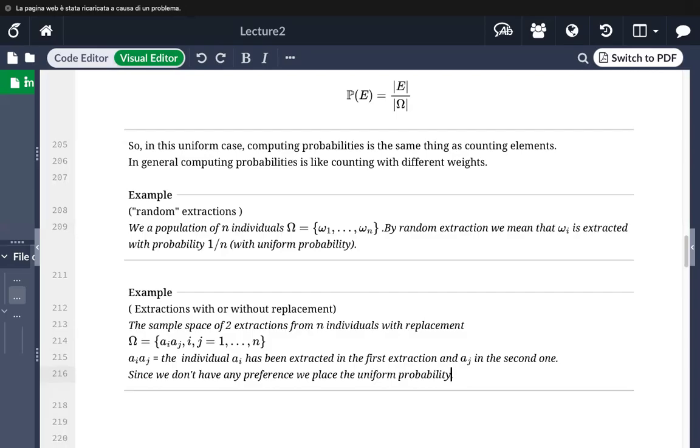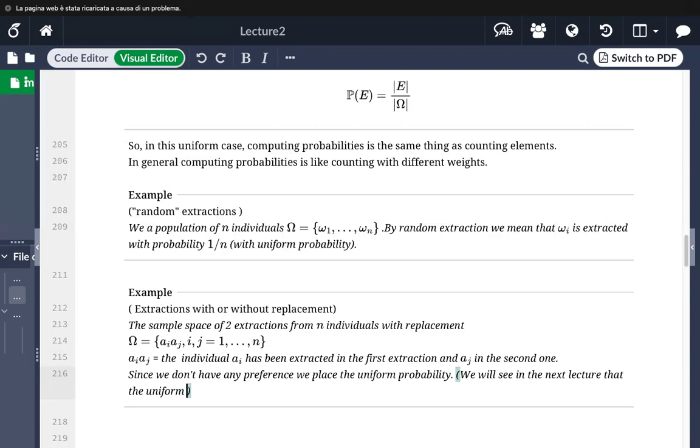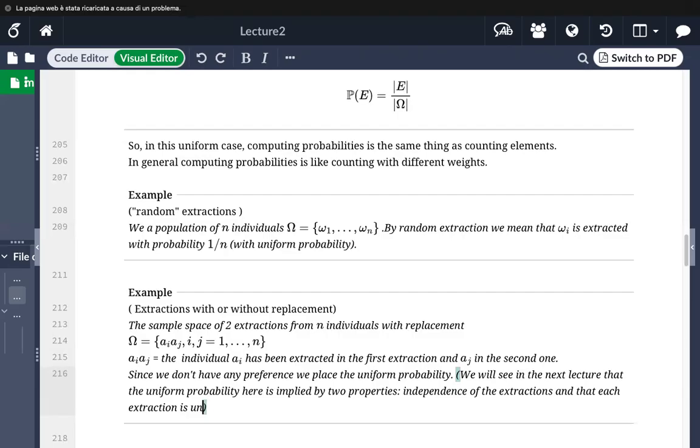So this is an example, and we will see in the next lecture that the uniform probability here is implied by two properties, which are the independence of the extractions and that each extraction is uniform.